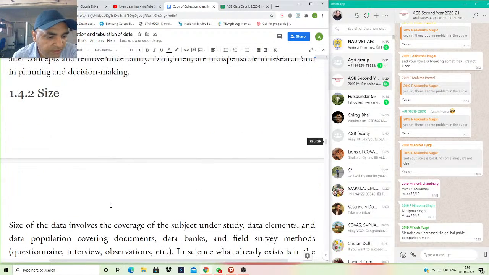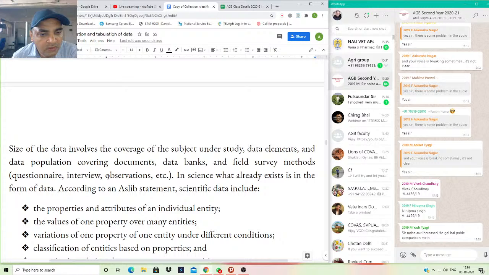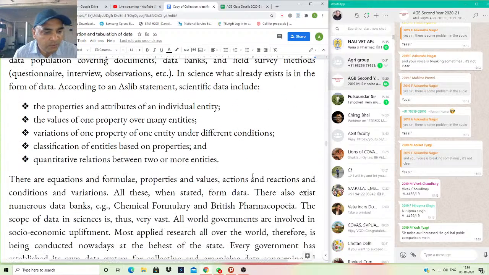Then the size of the data. The size of data involves the coverage of the subject under study, that is, how much data you are having. As the size of the data increases, it becomes closer to the population. Documents, data banks and field survey methods are used to gather the data, and that data is the correct representation of the population.